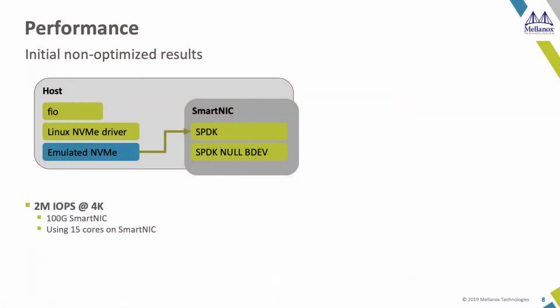So we have this running actually in a demo just outside this door. And so far, without doing a lot of performance improvements and optimizations, if we just terminate the traffic inside the SmartNIC with the SPDK null BDEV, we can see as many as 2 million IOPS being served to the host.